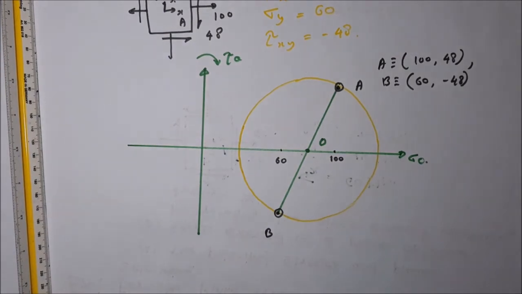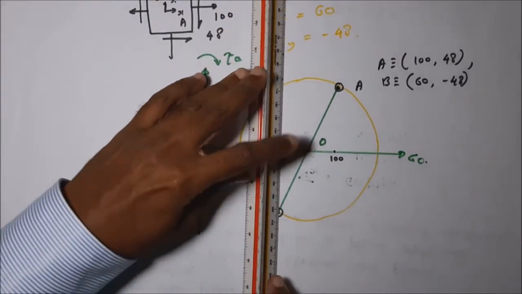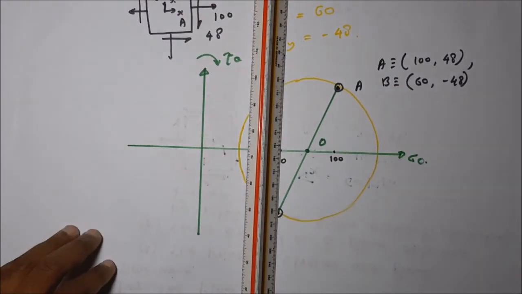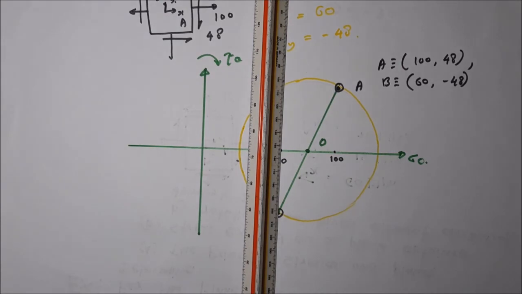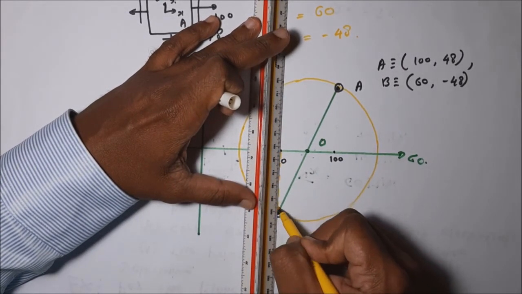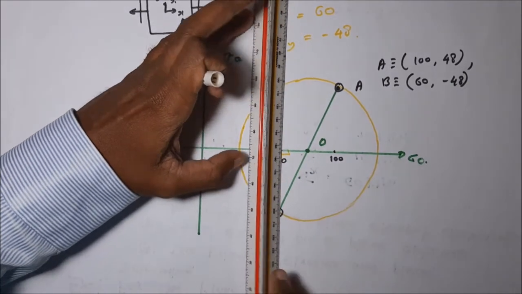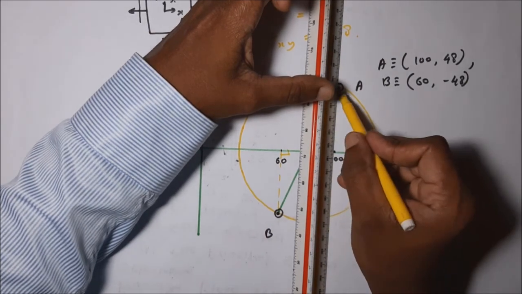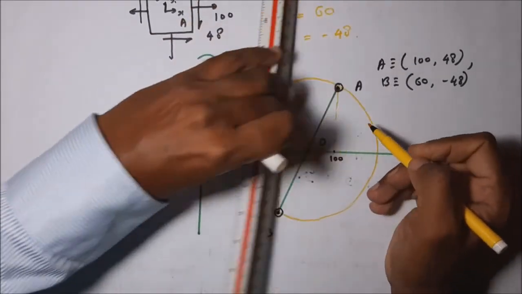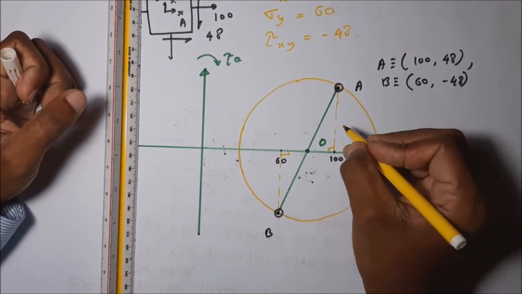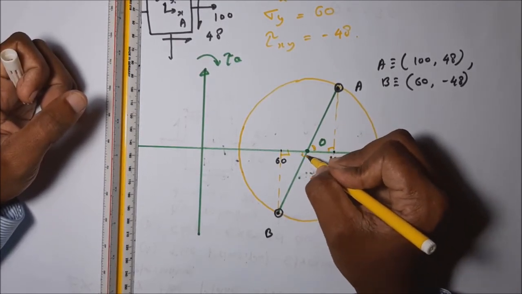Okay, this is the one we got. Then I will do this geometric construction. This is 90 degrees. Then you can see these two triangles are equal triangles, since these angles are equal.